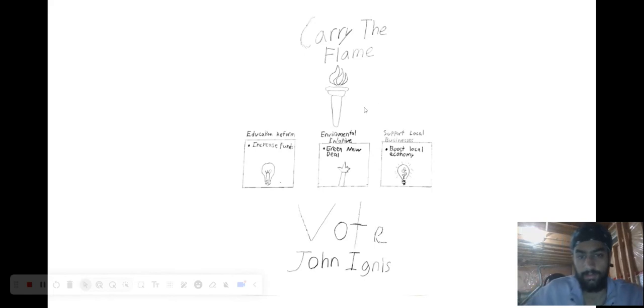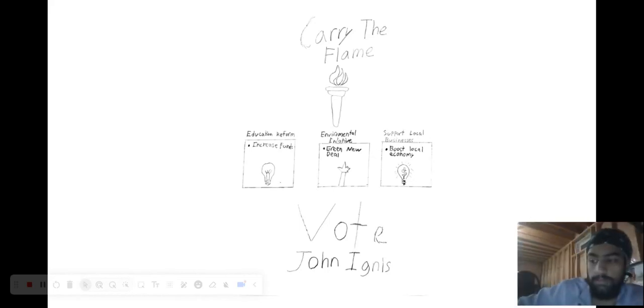So, if I was to show analysis of this poster, the poster was meant to inspire people to take hope and to improve the society around them. So, this slogan that was designed over here, carried the flame.